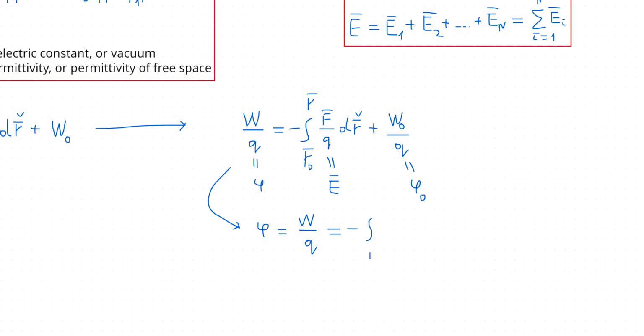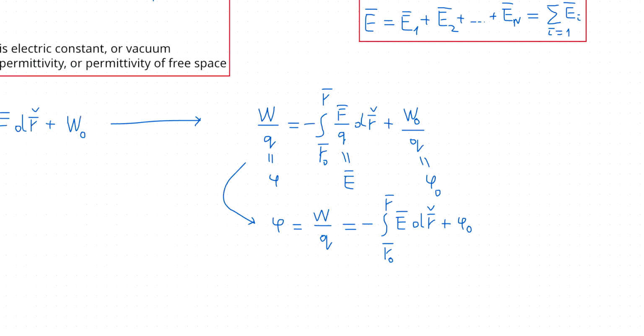It is the integral from R0 to R of electric field intensity E dr, plus phi 0. So this is electrostatic potential.